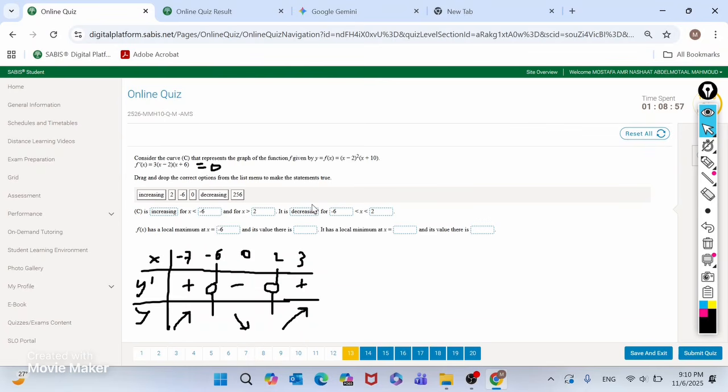So at negative 6 its value is 256, and the local minimum is at 2 and its value at 2 is 0.